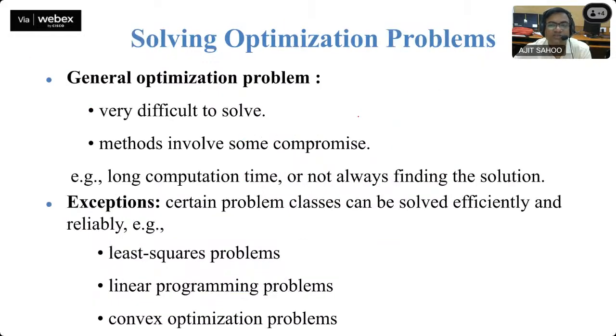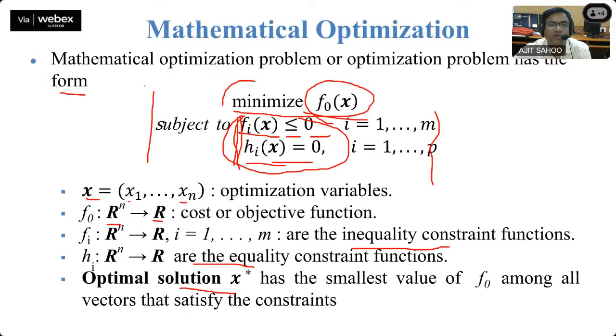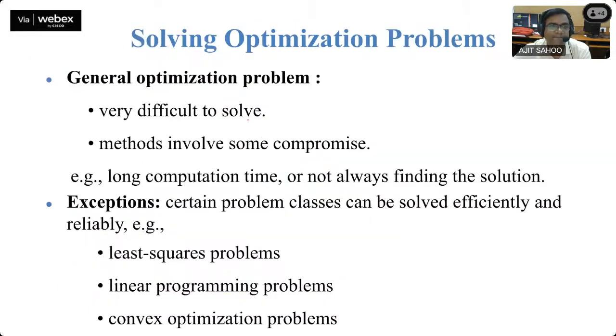Now, solving the optimization problem. This is the optimization problem format. Many optimization problems you can put in this format. Your general optimization problem is very difficult to solve. Methods involve some compromise, long computation time, or not always finding the solution. Whenever you take any arbitrary optimization problem, it is very difficult to solve.